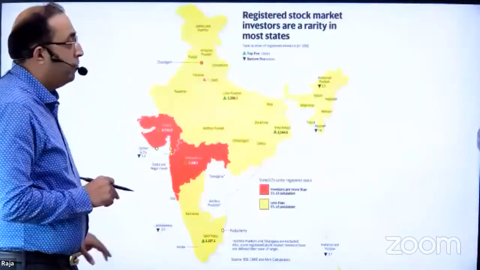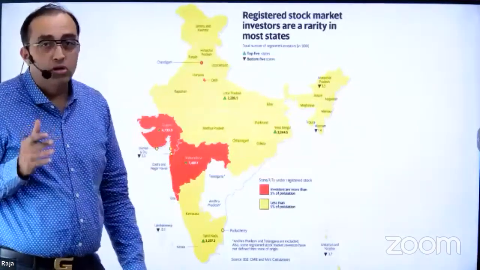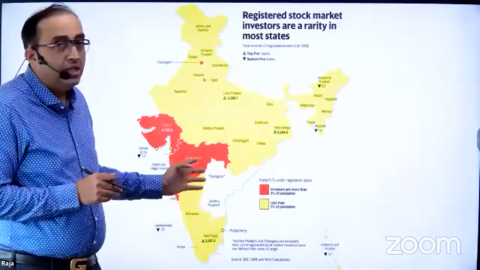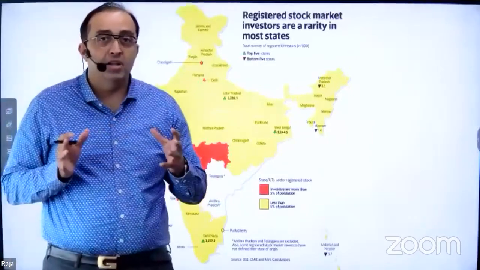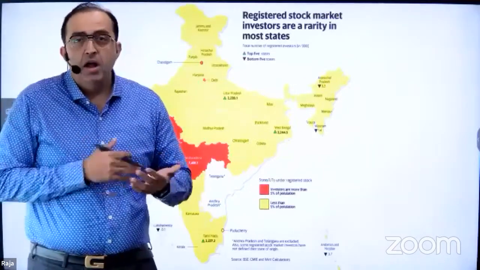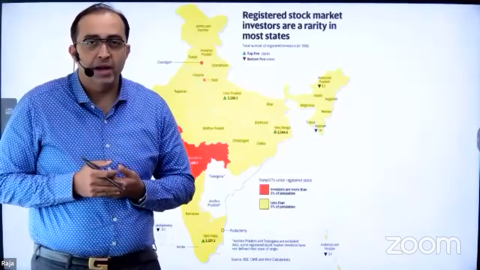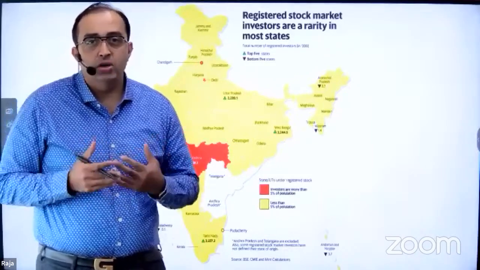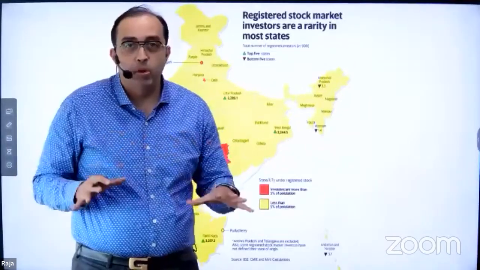Now when you take a look at the issues and the kind of growth we are seeing today, this is a scenario more than 15 years ago when only Gujarat and Maharashtra were the popular states participating in the market. But come COVID, lots and lots of people joined the entire stock market bandwagon, and the entire stock market scenario exploded, right?